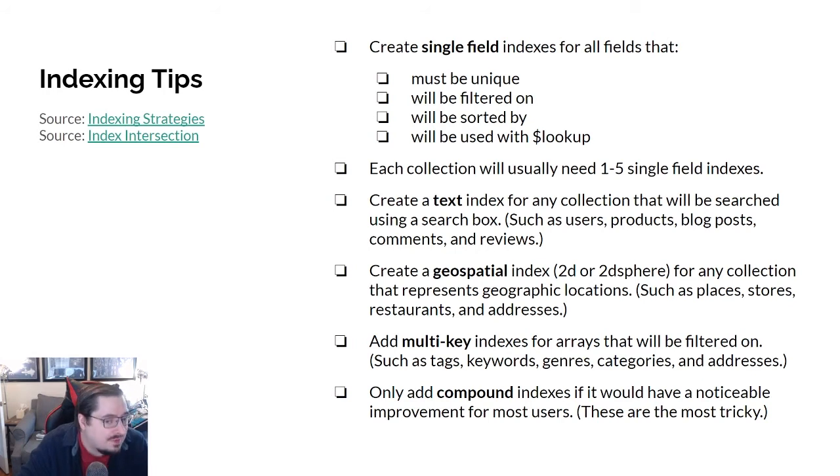So even if your regular users aren't doing a search, you likely need an admin interface to manage users, including users that are doing malicious things or just have names that violate your terms of service. You need the admin to have some way to search for users based on, say, their first name, last name, username, email address, things like that. So you really should have a text index on your users table as well. With me?